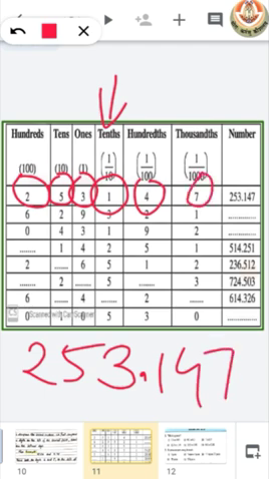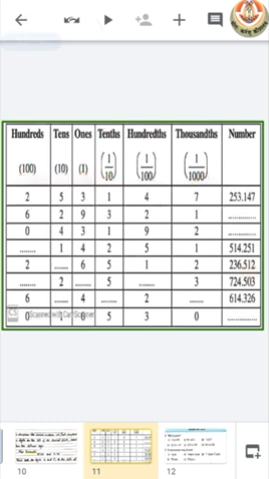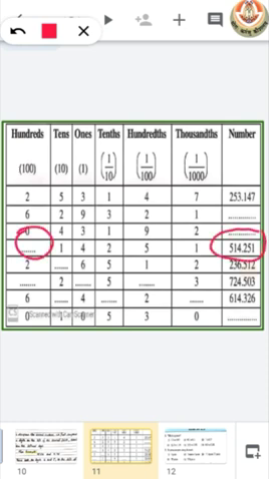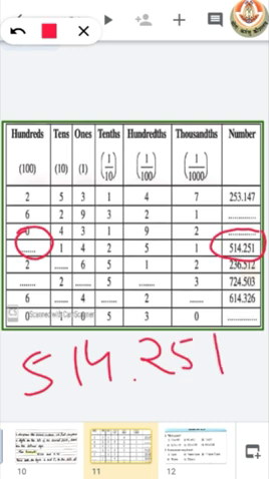Here you can easily understand with the help of lots of numbers. Now according to this number, what should come here? We can easily see that it is 514.251. That means in the hundreds place, 5 will come in this blank.